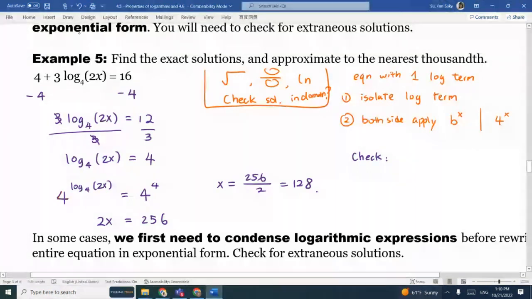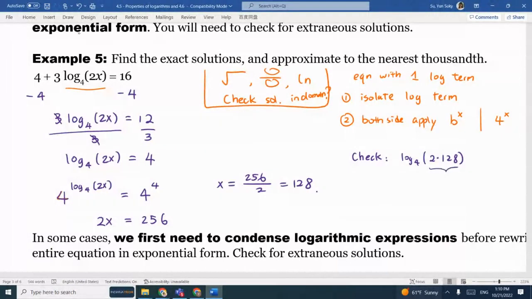So we check. We have log of 2x. x is 128. Is it in the domain? Yeah, this is positive, so it's okay. So you check the domain. That means you don't have to check the whole thing, left hand side equals right hand side.